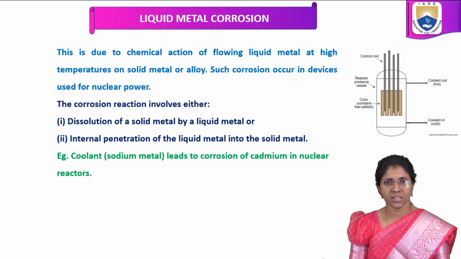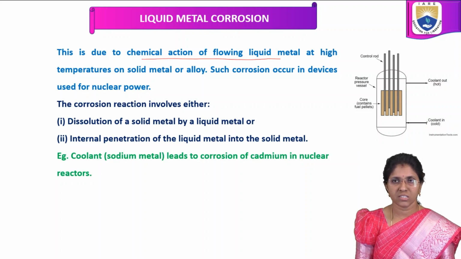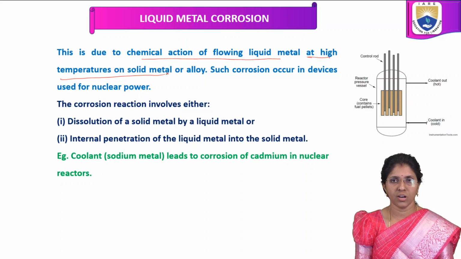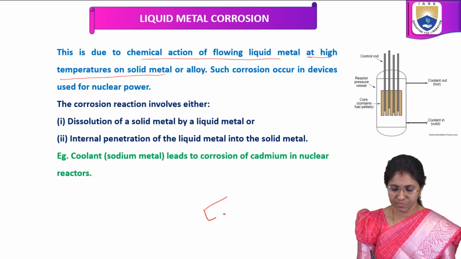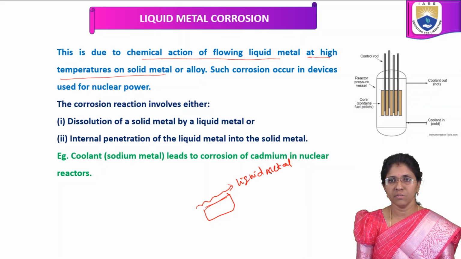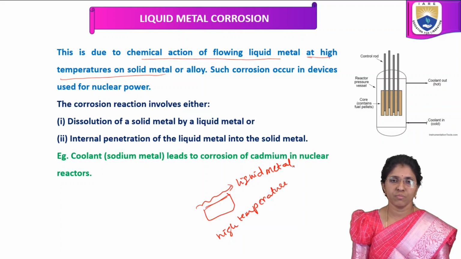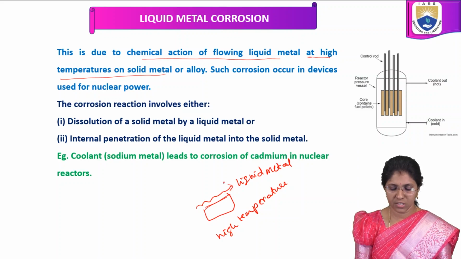Next is liquid metal corrosion. This is due to the chemical action of flowing liquid metal at high temperatures on solid metal or alloy.